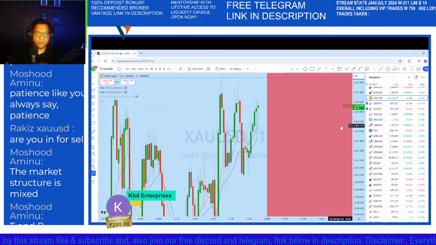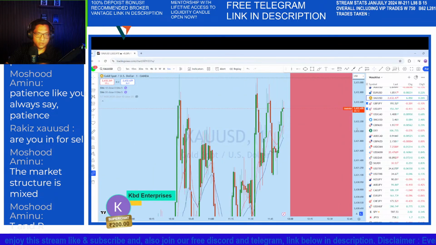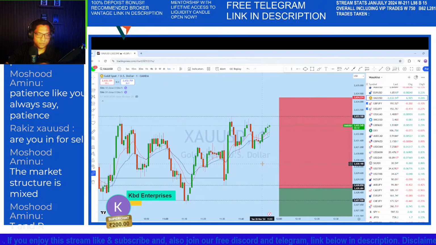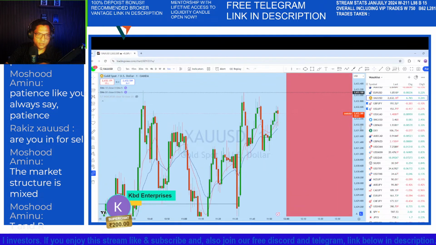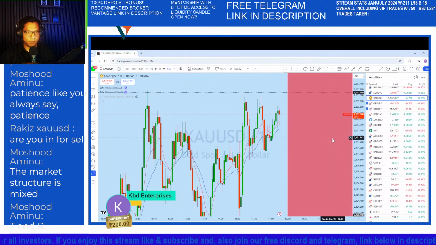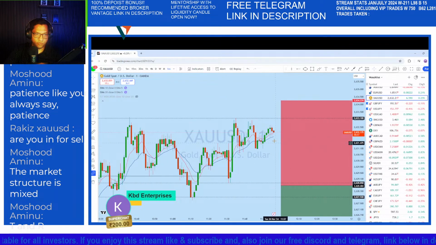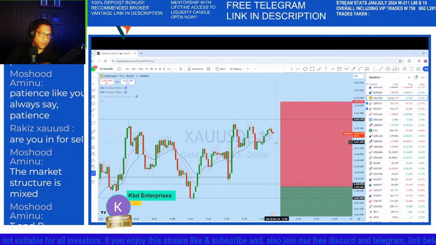Market structure is bullish bias, and so before it finally takes off, we might see potential takeoff. But before that, wanting to see a break of structure, this is what we were getting.